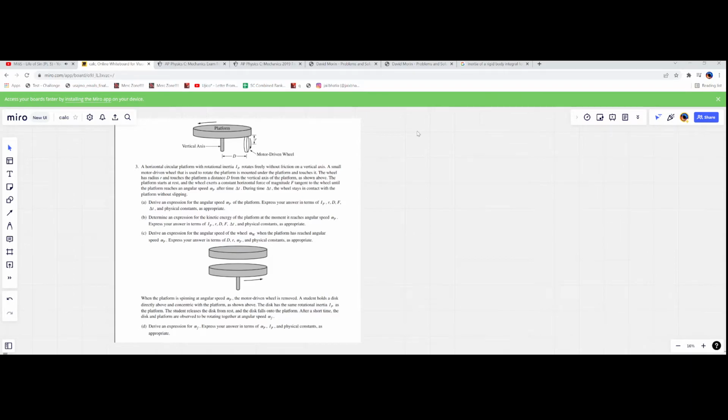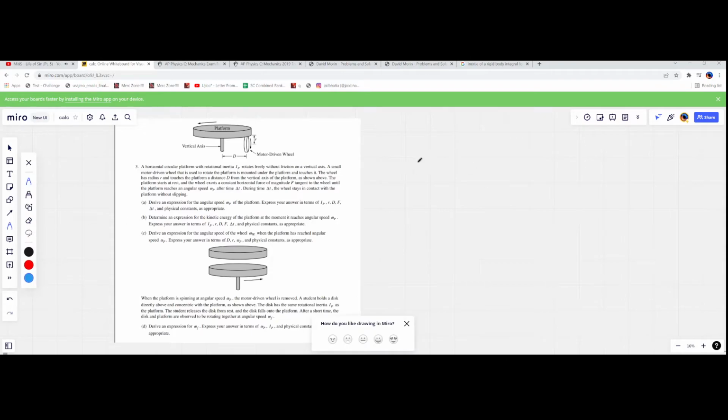That's fine. Oh, I see. Okay. So d is just like a torque constant or torque radius. Angular speed w sub p after t. Okay, sure. WP of the platform. Okay, so this is pretty easy, I think.